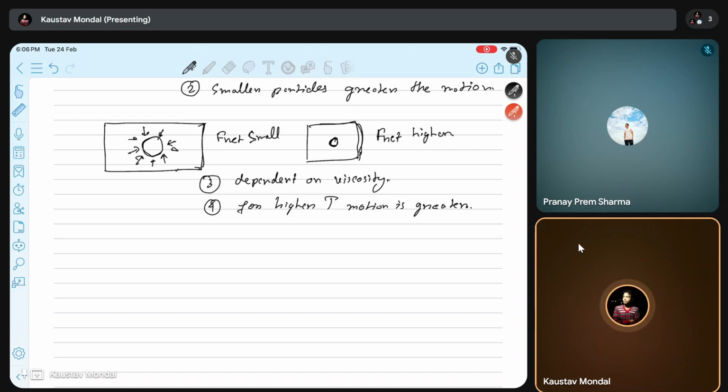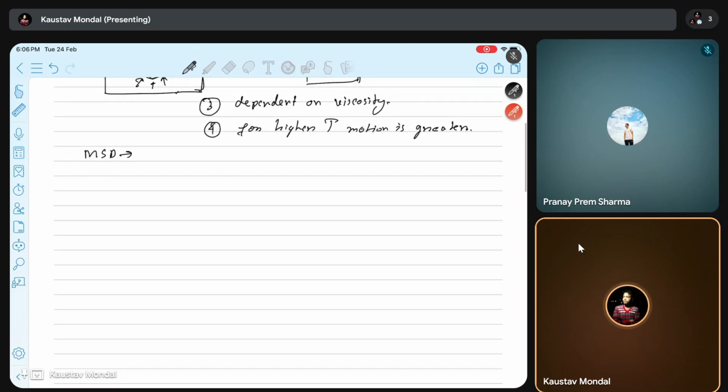We also discussed MSD. As the name suggests, it is the mean square displacement. You have a particle, you tag the Brownian particle. With time, it displaces, like let's suppose x1 to x2, x3, like this.